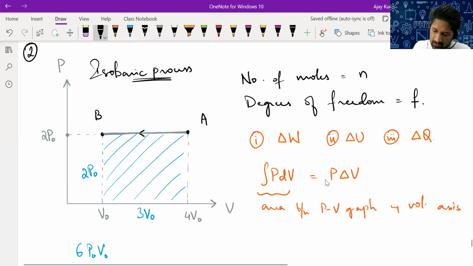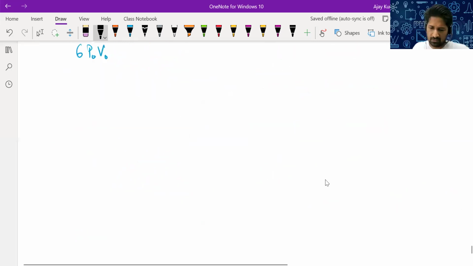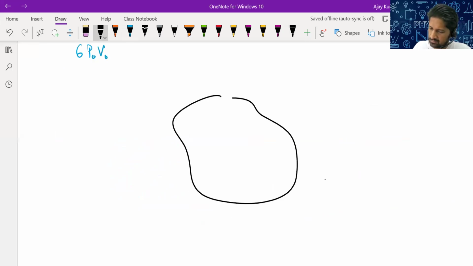You look at the direction in which the process is carried out. It is carried out from A to B. From a higher volume, the gas is going to lower volume. Volume of the gas is decreasing. Now, gas molecules, due to their random motion, let me show you a system here. Consider something like this. Now, imagine some gas molecules inside.